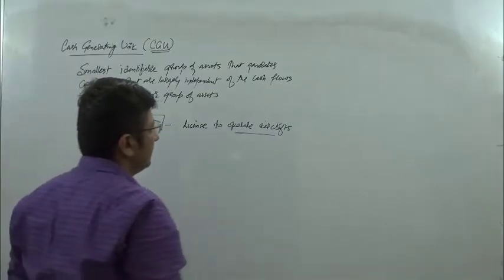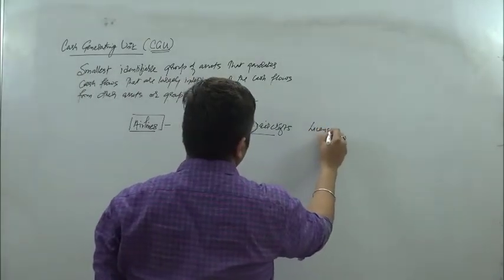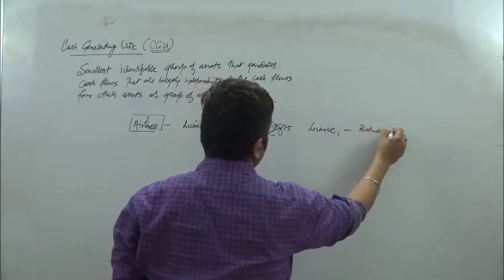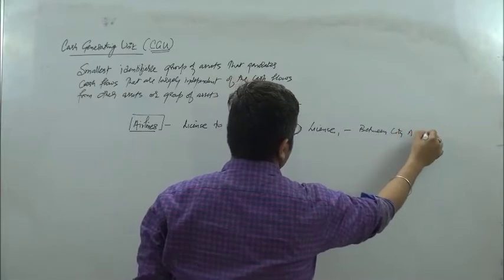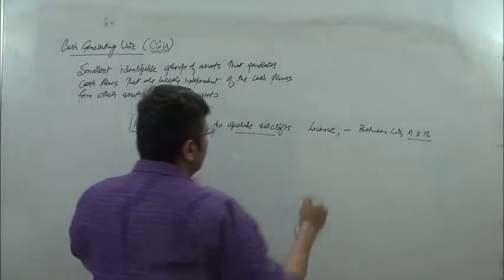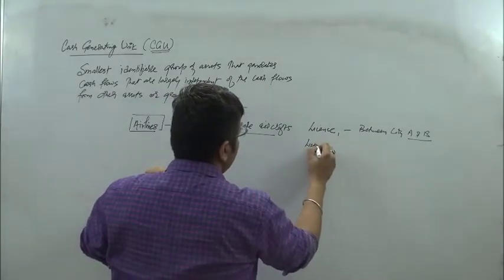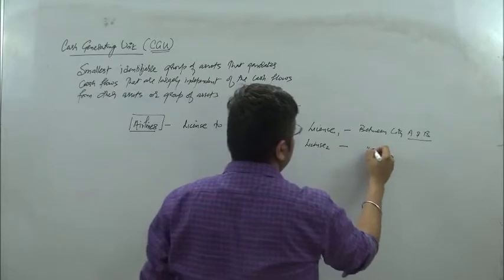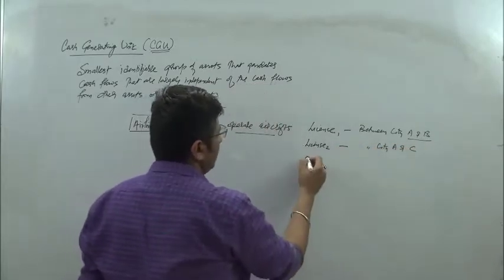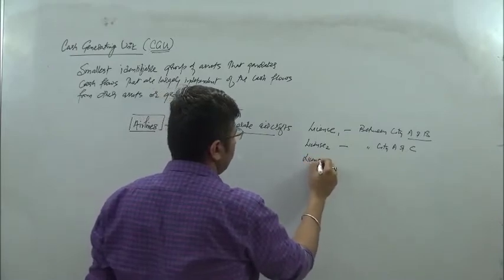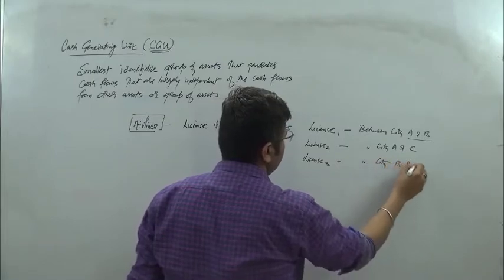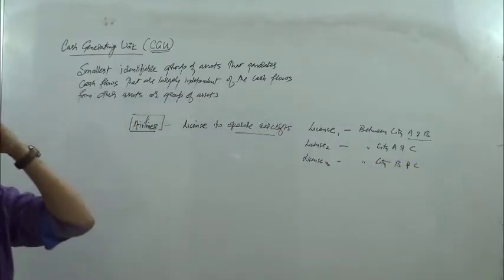So let's say there is a license 1 between city A and city B. Likewise, it has license 2 between city A and city C, and let's say, for the sake of convenience, there is also a license to operate between city B and city C, right?